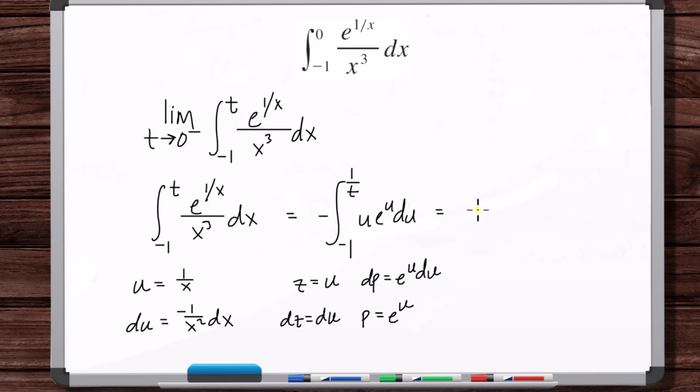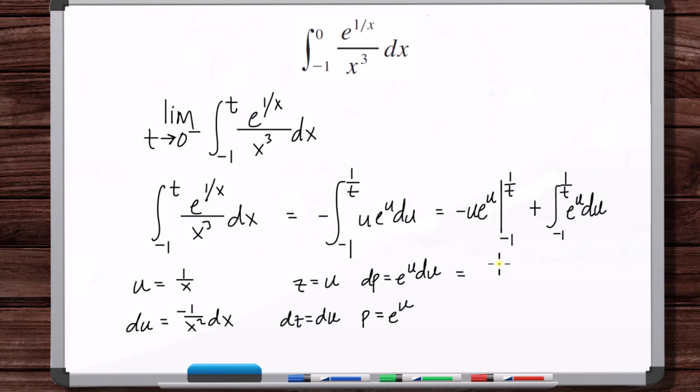So this is equal to minus u e to the u evaluated from minus 1 to 1 over t, minus the integral of p dz, but then we distribute this minus, so we're going to get plus the integral from minus 1 to 1 over t of e to the u du.